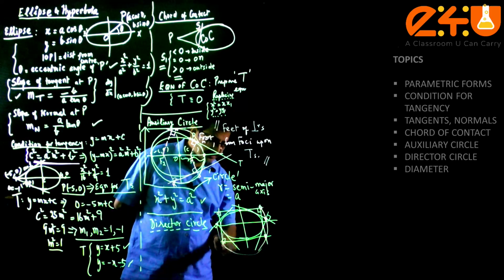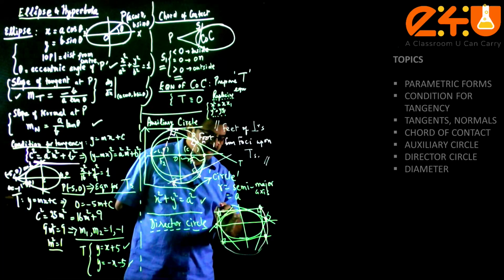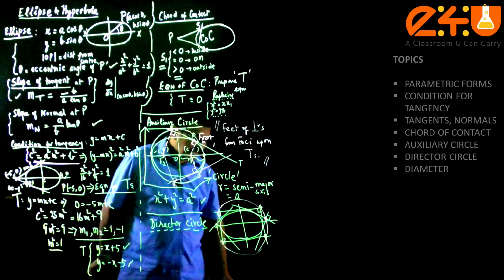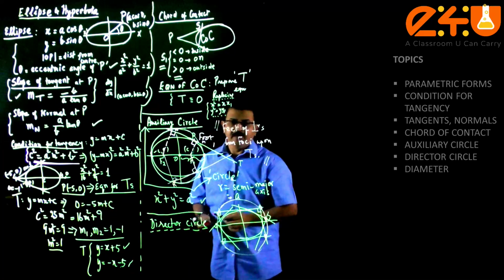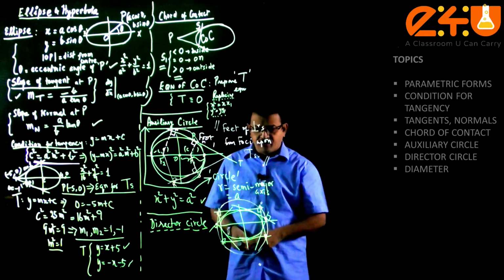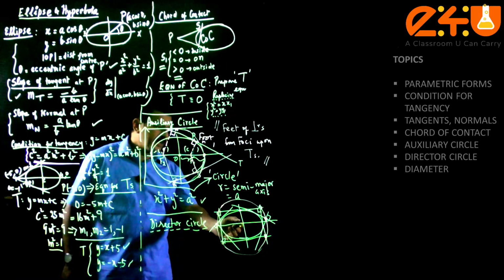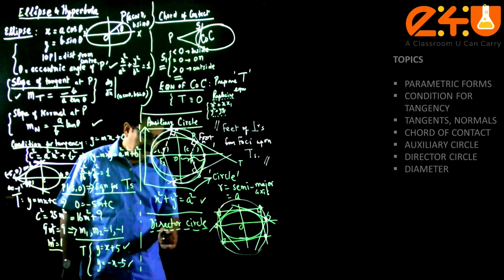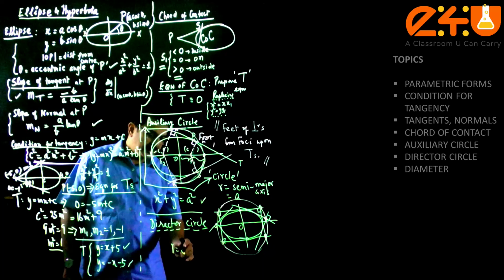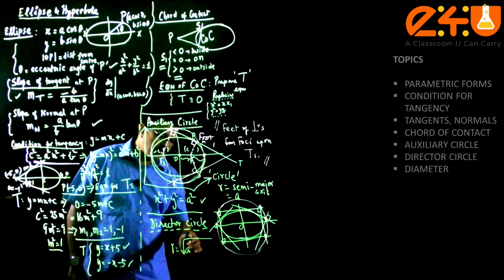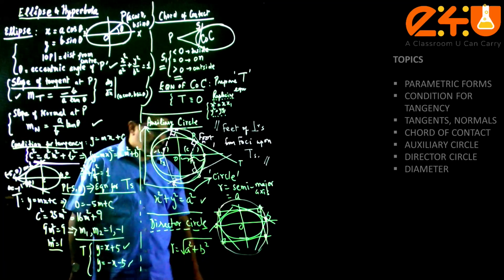In this case, it is not coming in contact with any point on the ellipse. It still forms a circle, but away from the ellipse.